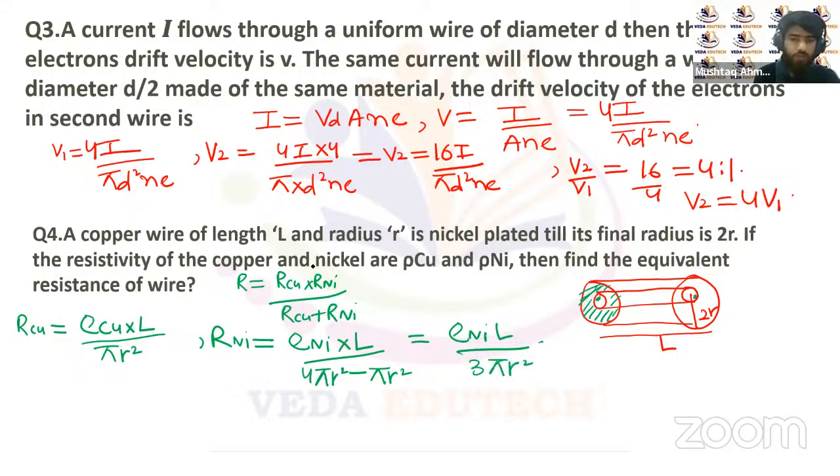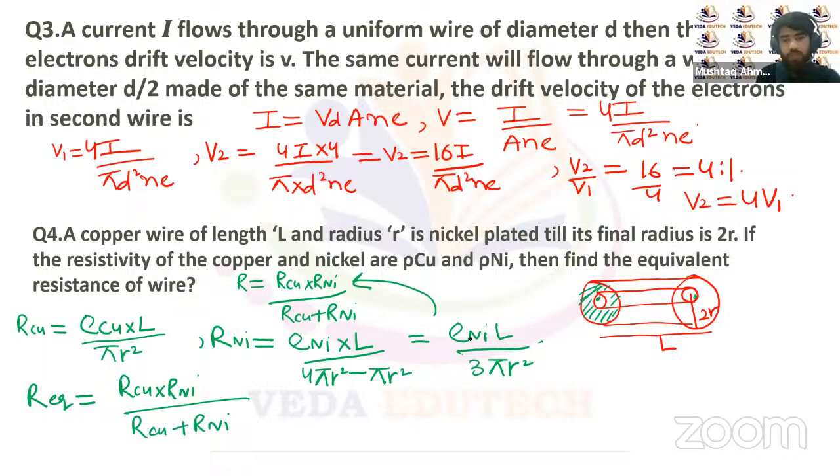Now we can just substitute the values of RCu and RNi in this equation to calculate the total resistance or the equivalent resistance of this conductor. That will be RCu multiplied by RNi upon RCu plus RNi.